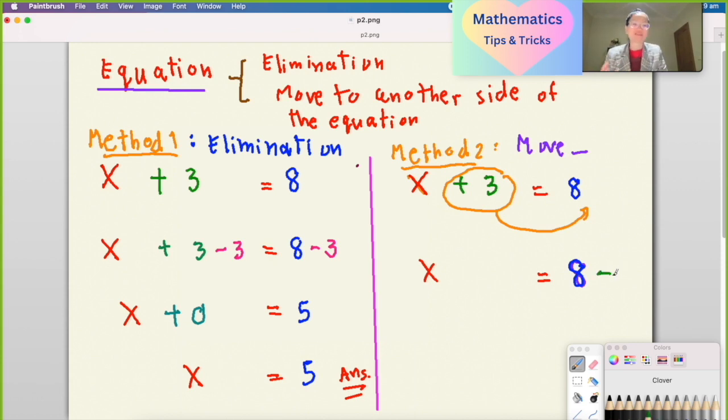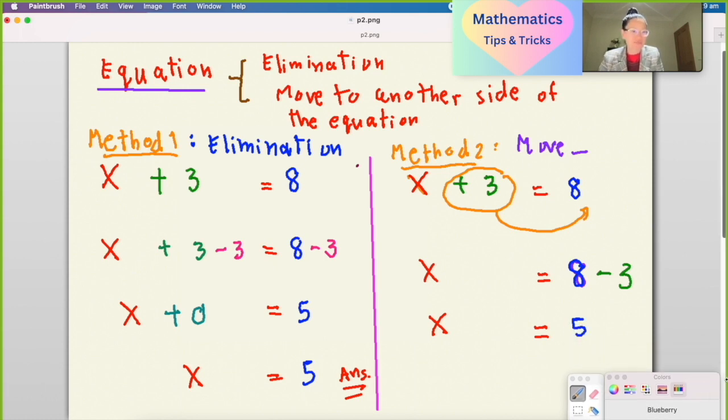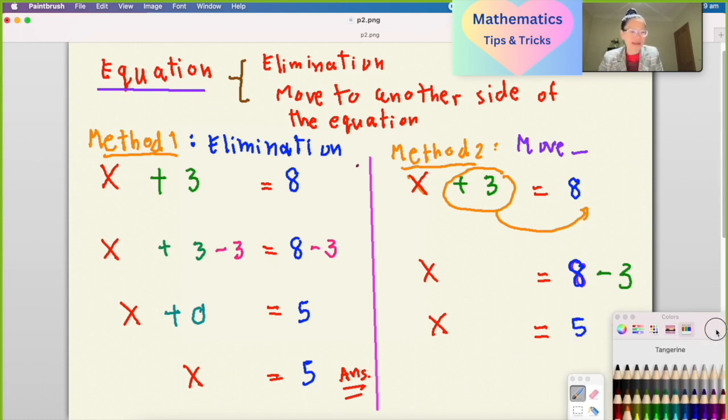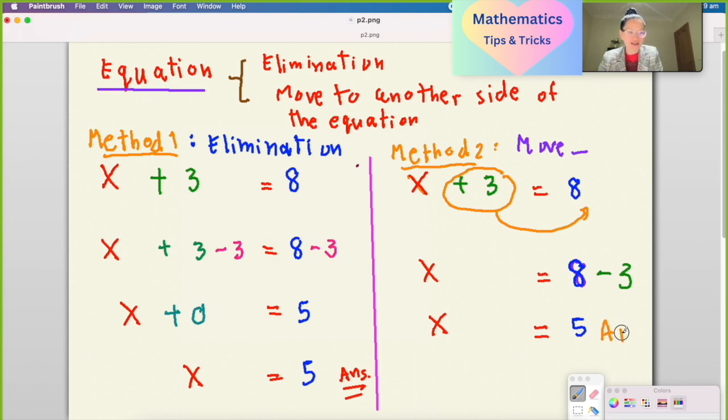So it's going to be negative 3. That means x equals 8 minus 3, equals 5, and this one is our answer. If you have done them correctly, both methods have to give the same answer.